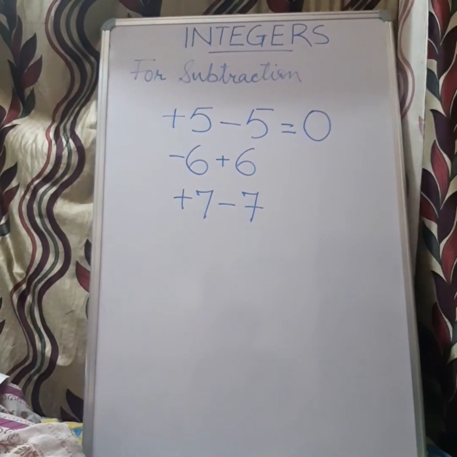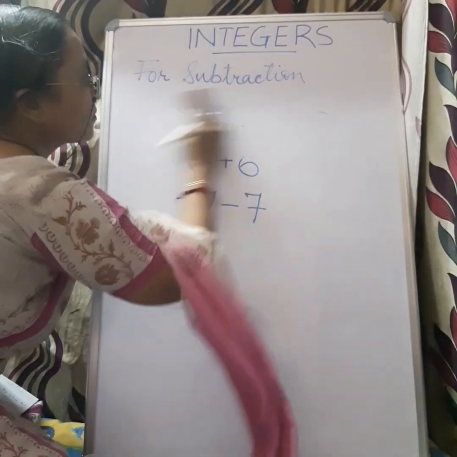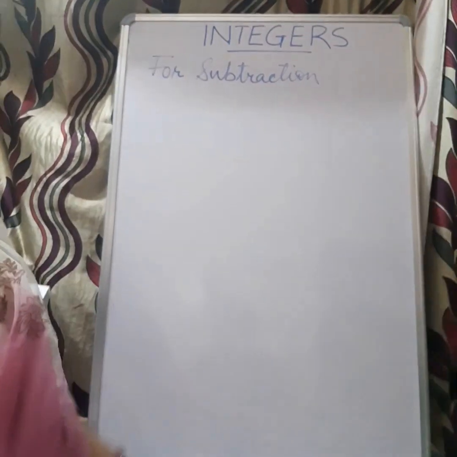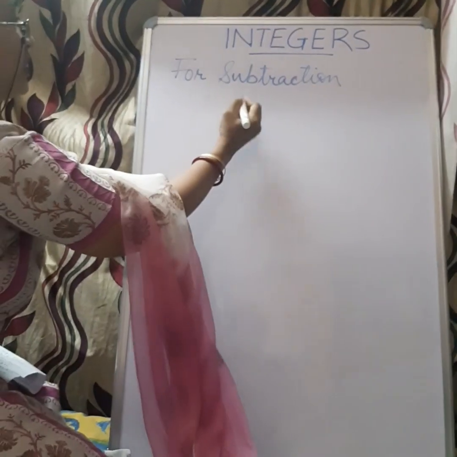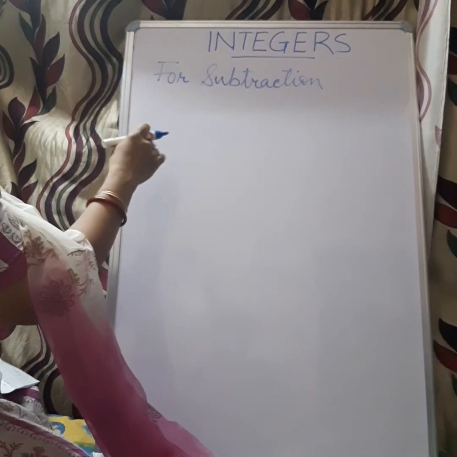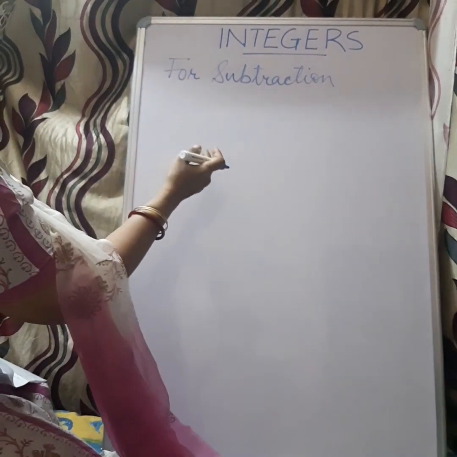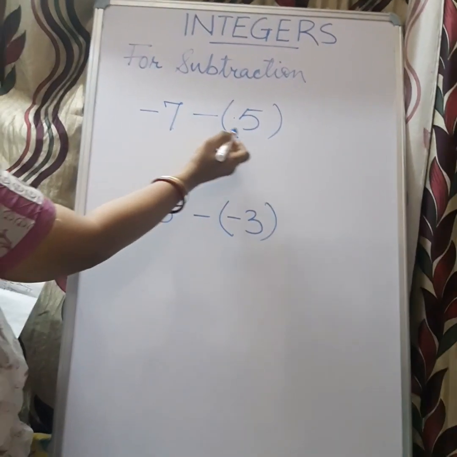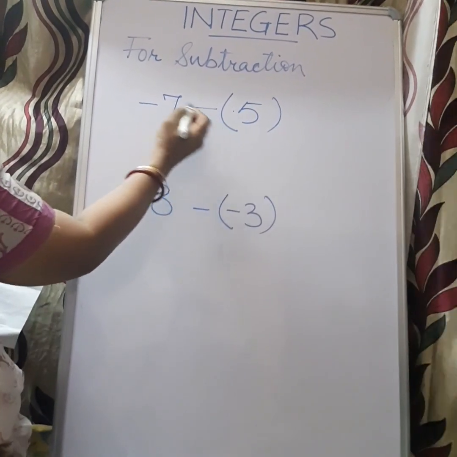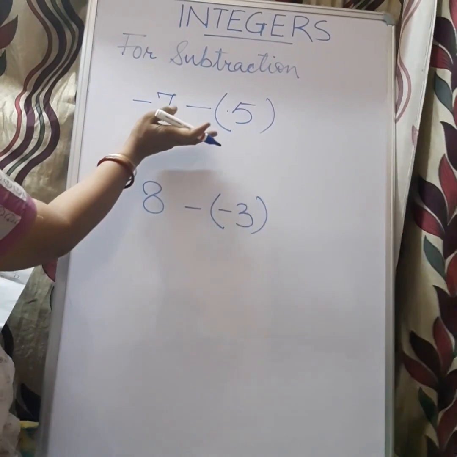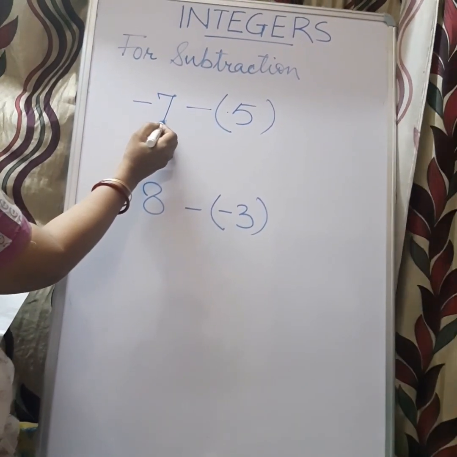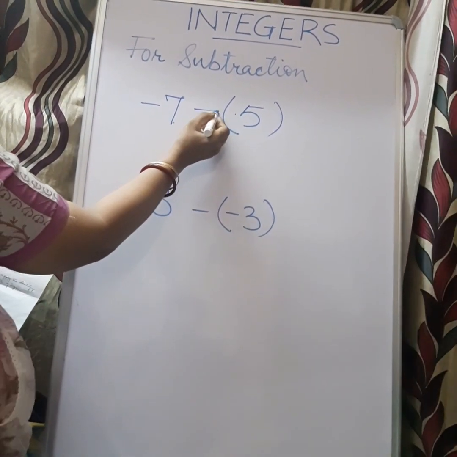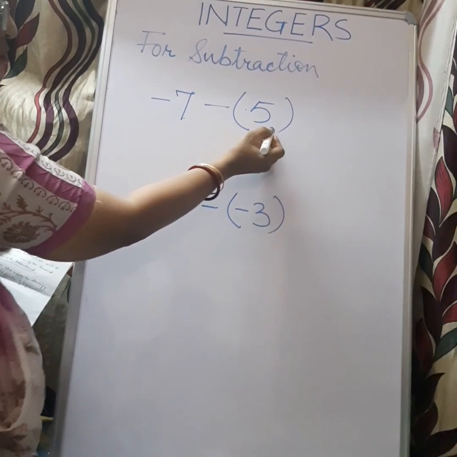Now where do we use these? We use the additive inverse for the second number, which is also called the subtrahend. See, if we have to subtract 5 from minus 7, we write it like this: minus 7 subtract 5.